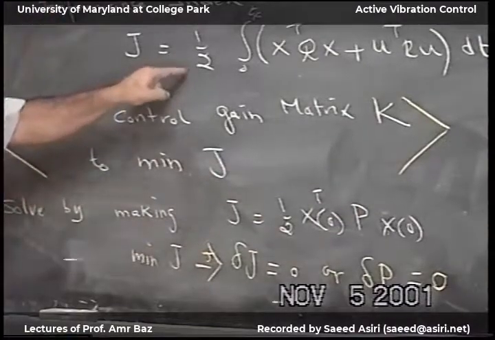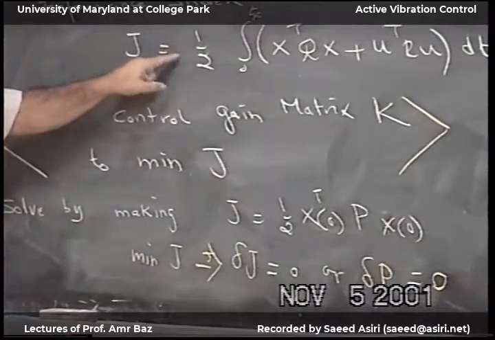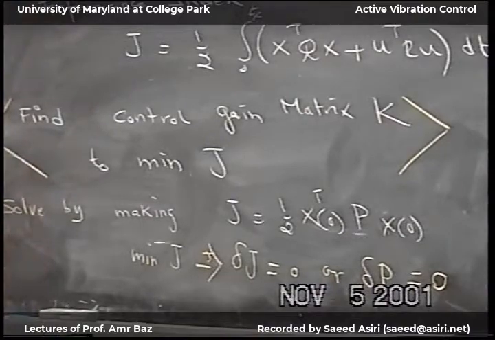I'm going to start from here. And the conditions for optimization of this will yield to the Hamiltonian matrix that we covered.